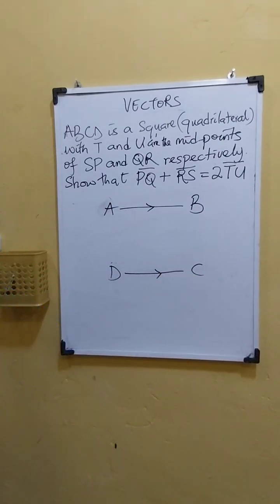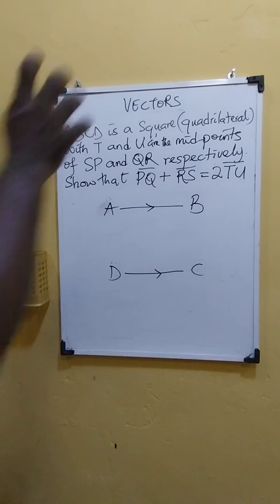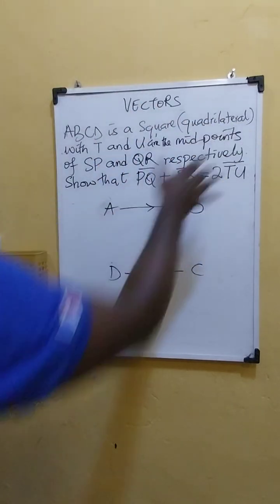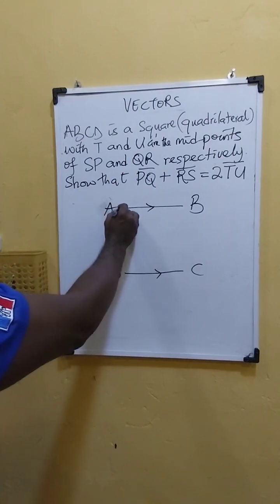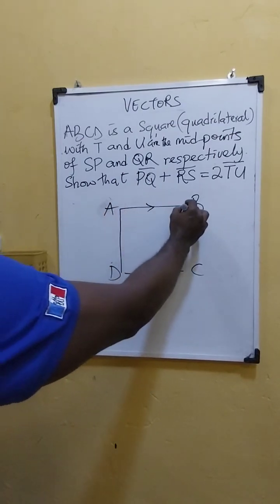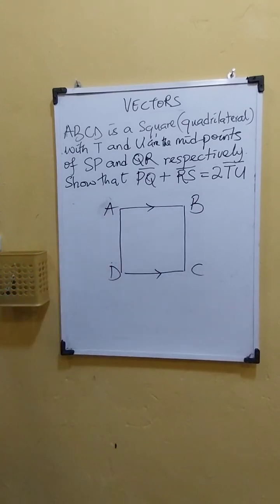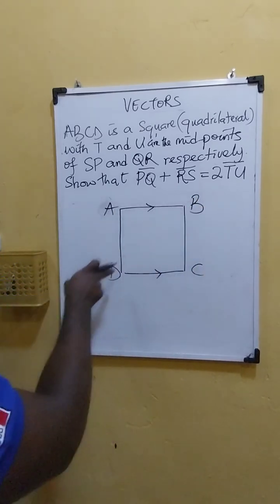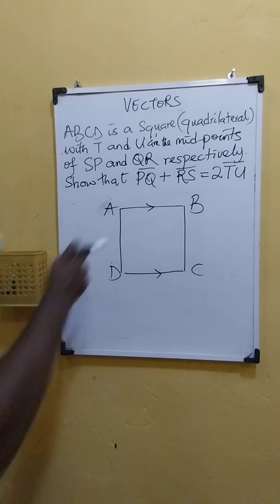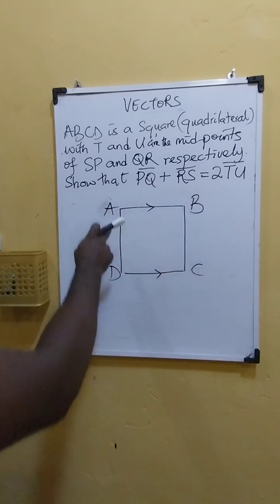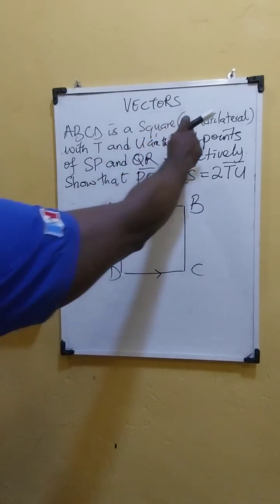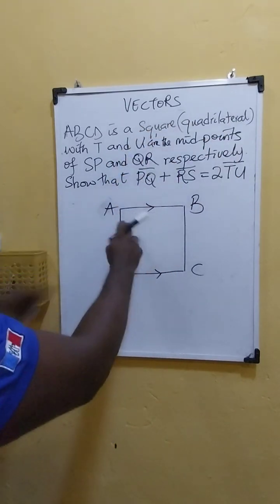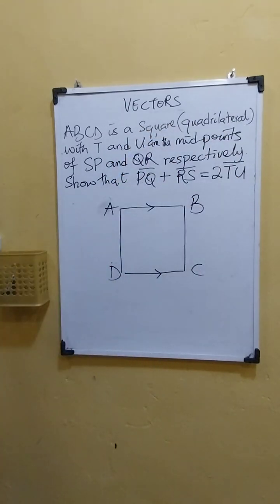But you are told that the vector has a midpoint, so apart from having a midpoint, it is a square. So you are supposed to join it this way. That's the first thing. After showing the direction of the vectors, because you are told it is a quadrilateral and it is a square, you have to make it a square. So we've made it a square.